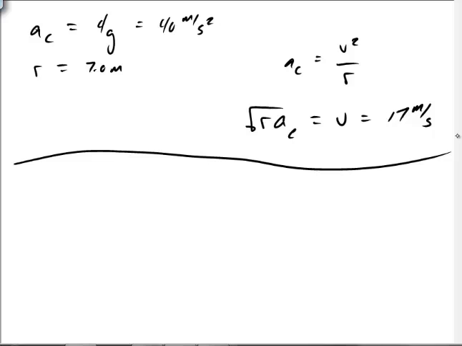Next, F. How fast would the roller coaster car be traveling at the top of the loop? So I assume this is the 7. How far would it be? No, at the 9. At the top of the loop. Because the loop's radius is 9 and the top of the loop is 18 meters above the ground, the diameter is 18 meters. You must have an initial height of the roller coaster that you calculated to solve the above problem.